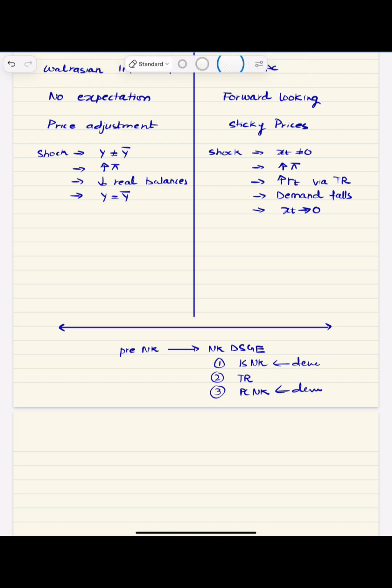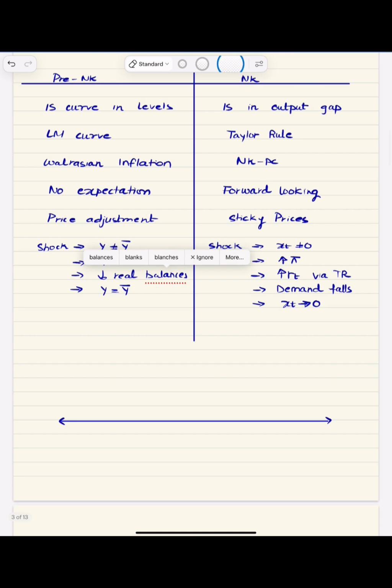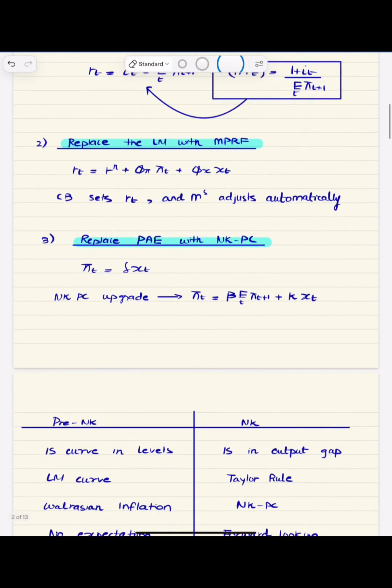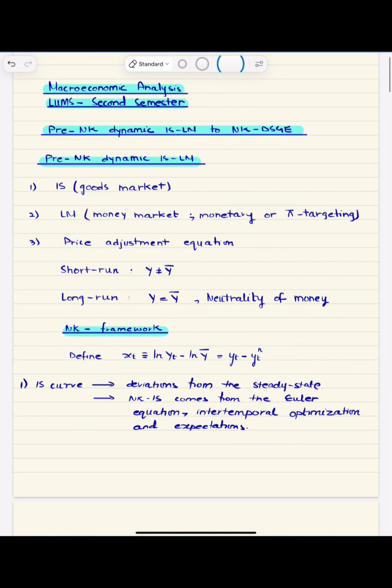And then once we have the 3x3 model, we can basically generate impulse response functions and see what happens when there are any kind of shocks in the economy. I hope this introductory lesson was beneficial, and I will see you in the next one. Take care.